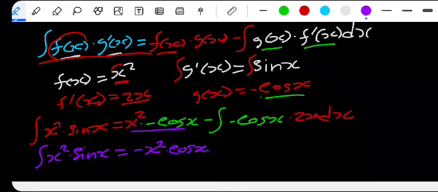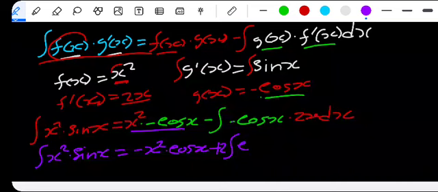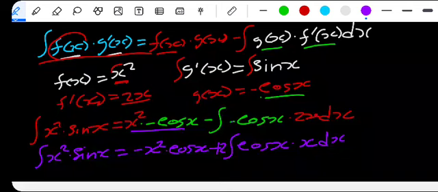Then we have negative and negative, which gives positive. I take the 2 outside of the integral, and I will have the integral of cos x multiplied by x dx.